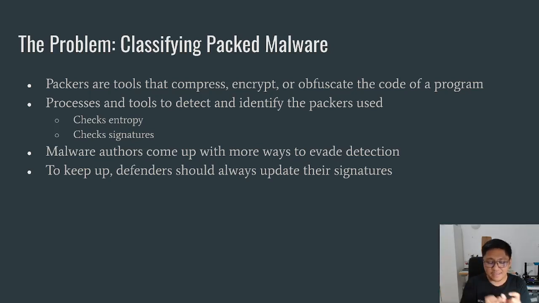Let's say a specific set of bytes or a specific set of strings that, when they see it in a new file, they would be able to say that, okay, I saw this signature in a previous version of Empress or a previous version of UPX, and I saw this in this one, and it will allow us to identify that this new file is a UPX packed malware. And this works for the most part, but it's not 100% accurate.